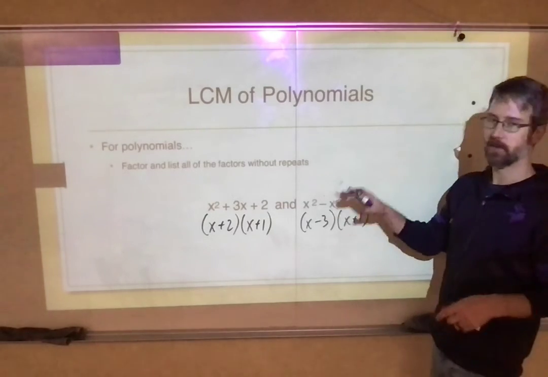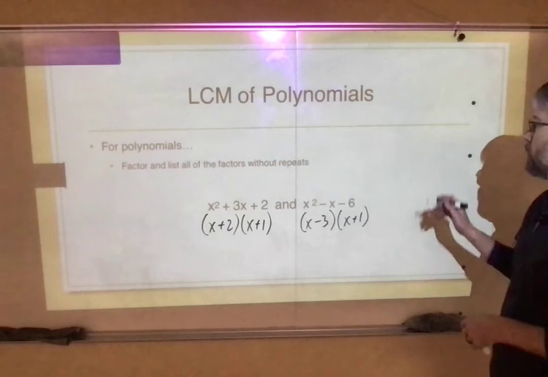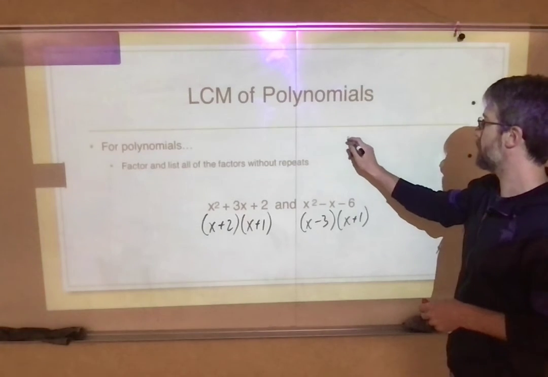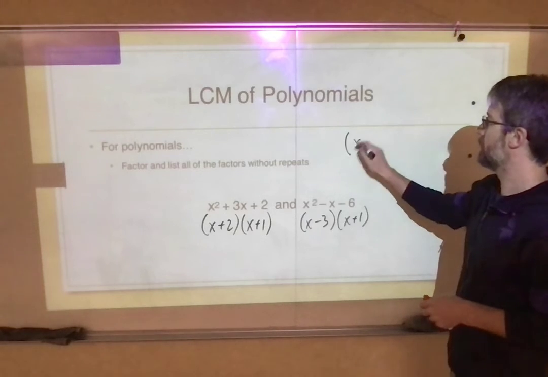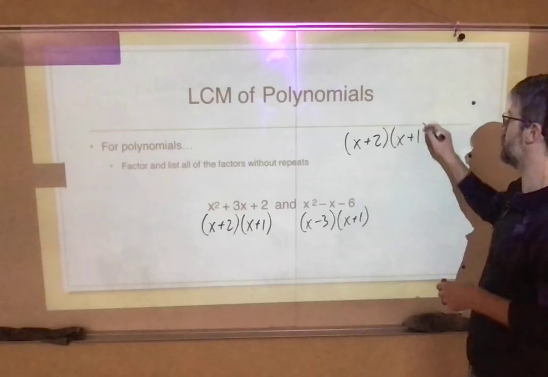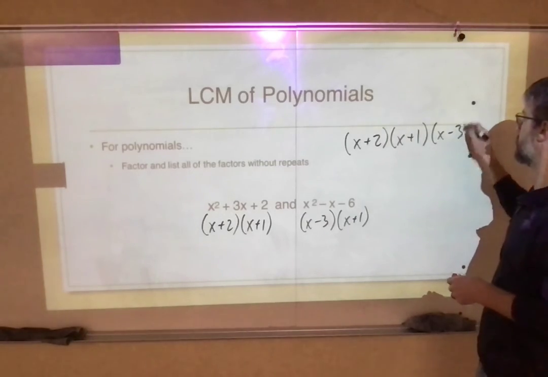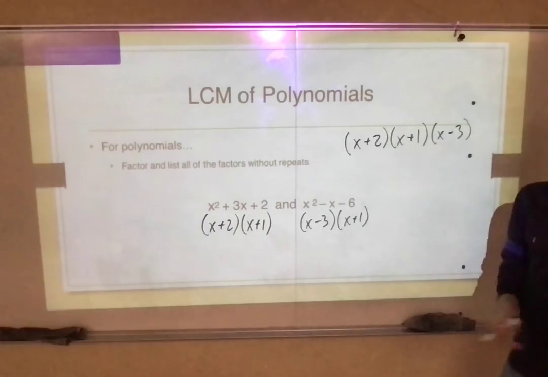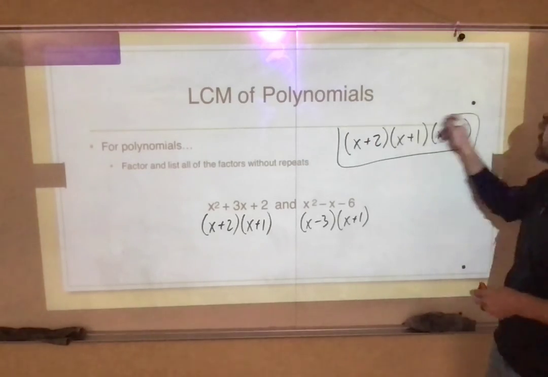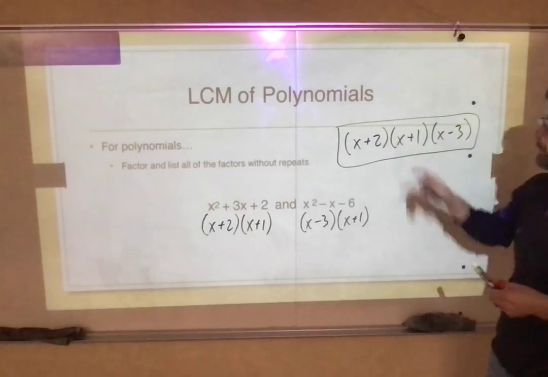If these were the denominators of two rational expressions that I was trying to add together, the least common denominator that I would make would be the product x plus 2 times x plus 1 times x minus 3. I wouldn't count that x plus 1 a second time. This is our least common multiple. It's got all of the parts with no spares.